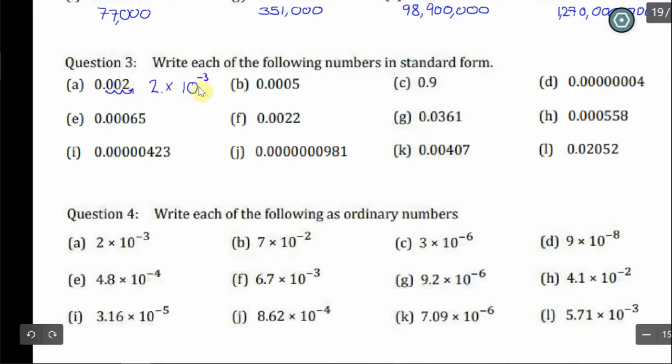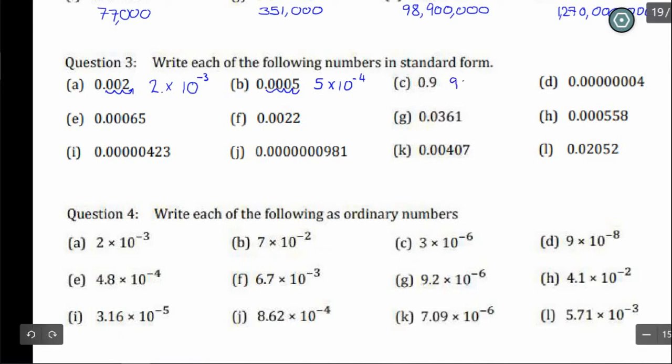We've got 2 lots of 1,000th, so we've got 2 thousandths, 2 in the thousandths column. Okay, and this one, I've got a 5 in the 10,000ths column. So this is 5 times 10 to the power of negative 4. Or, in other words, the decimal point has had to move 4 times, but 4 times downwards.